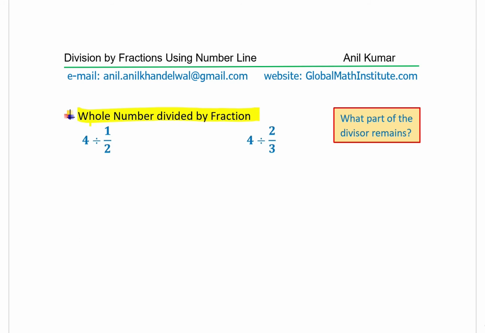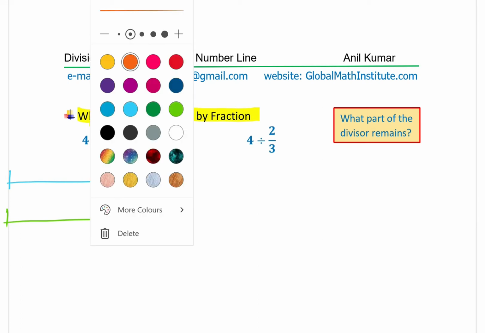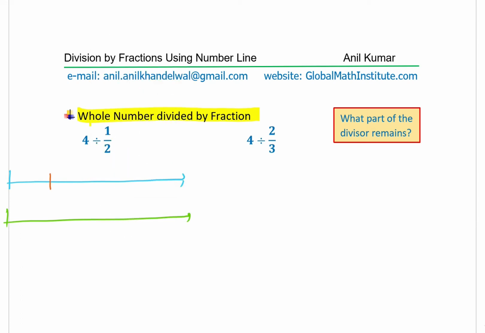So let's again get to the number line concept. So here is the number line and the divisor for us we are representing in green. 4 is to be divided by half. So let's get to 4 divisions. So we have 1, 2, 3, 4.